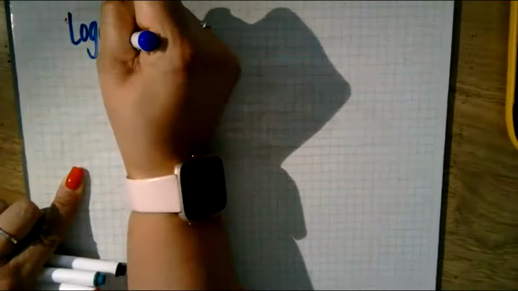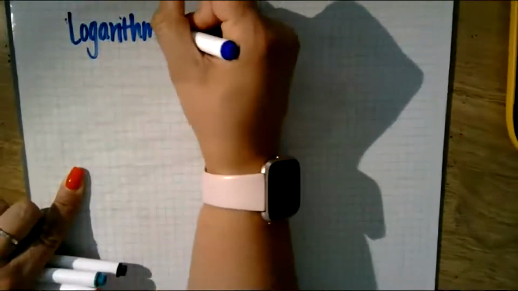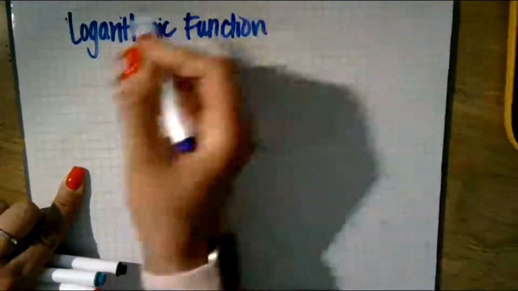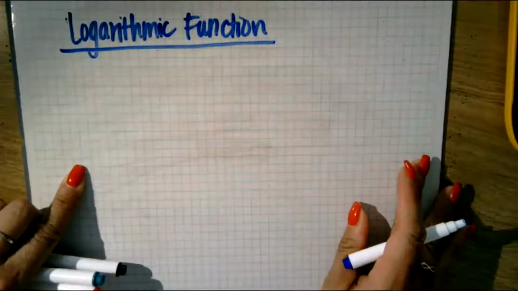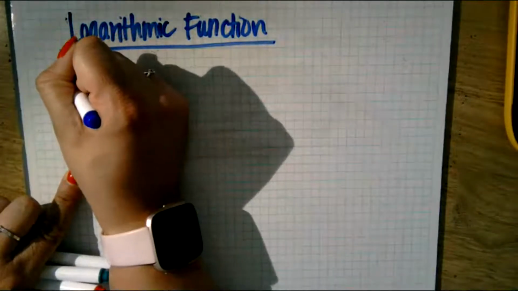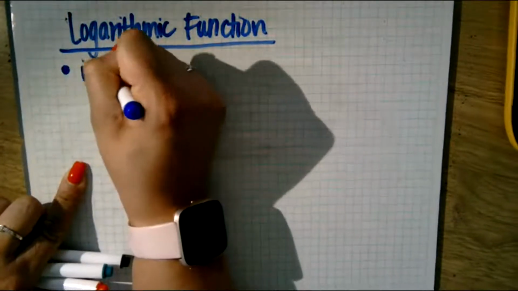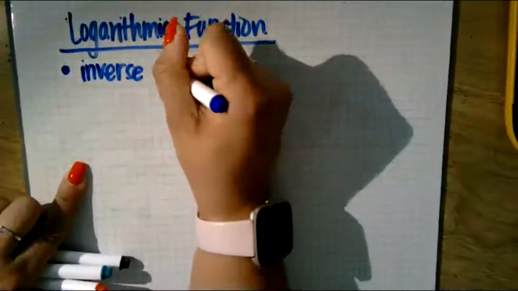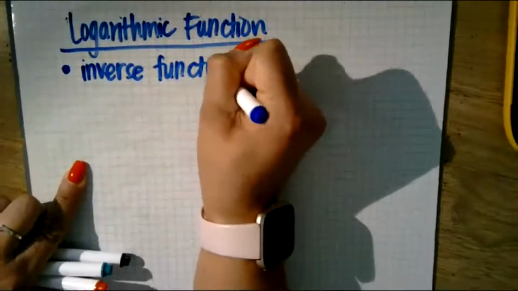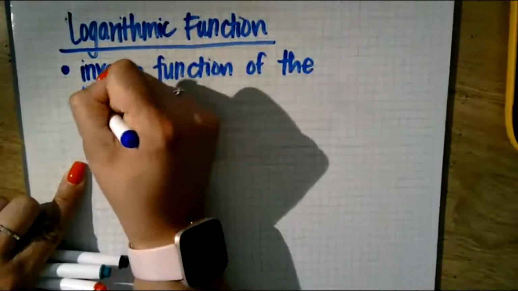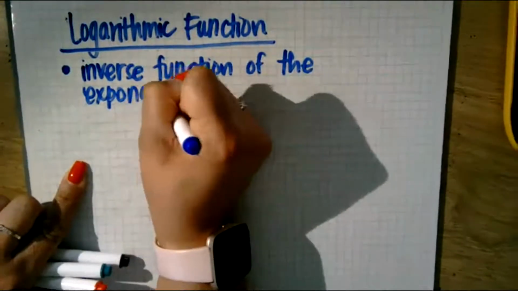My logarithm function, there we go. Let me make that line nice and straight. There we are. Quick little properties of it: it's the inverse function of the exponential function, okay? So this is very important.